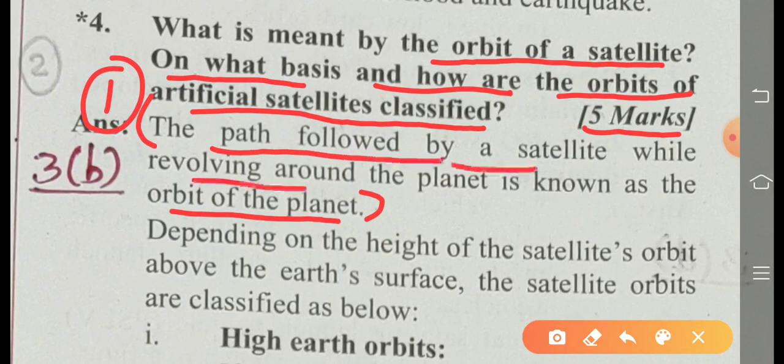The path followed by a satellite while revolving around the planet is known as the orbit of a satellite. So you make the correction in this last word. Clear? The path followed by a satellite while revolving around the planet is known as orbit of a satellite.